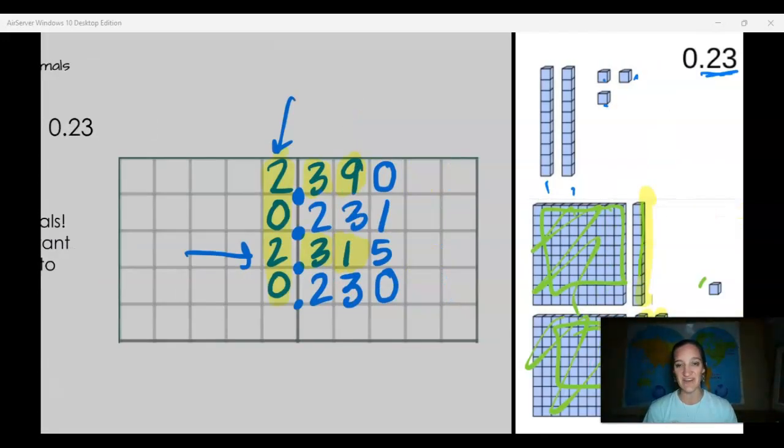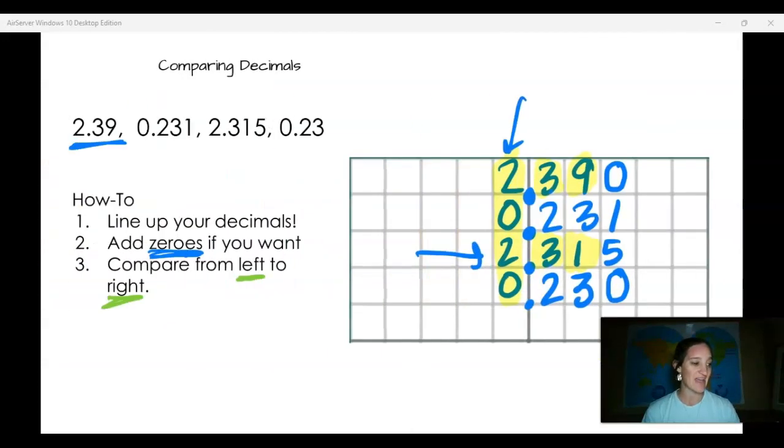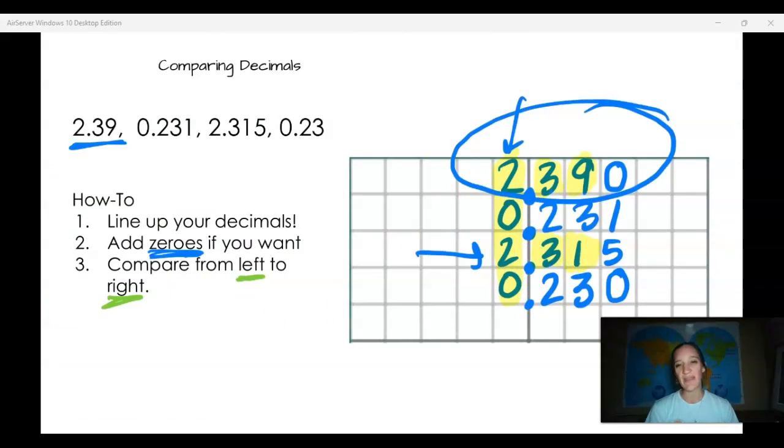We can see the difference if we look at that place value again. There's that 1/100, not very many, and there's 9/100. You can tell that this one is a lot more than this one, which means this is the biggest one, 2.39. And you might be like, hold on, Mrs. Madsen.